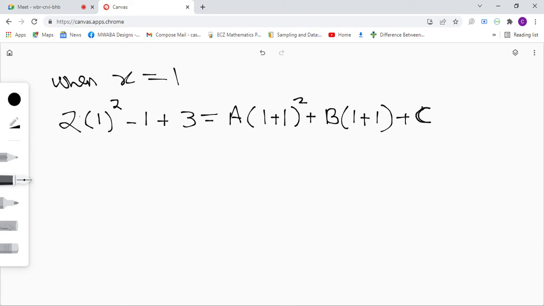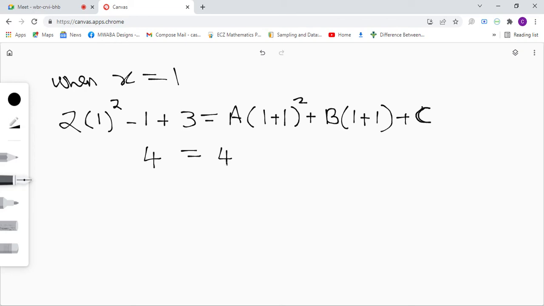So 1 squared is 1, 1 times 1, that's 2, 2 minus 1, that's 1, 1 plus 3, that's 4. 1 plus 1, that is 2. 2 squared, that is 4.